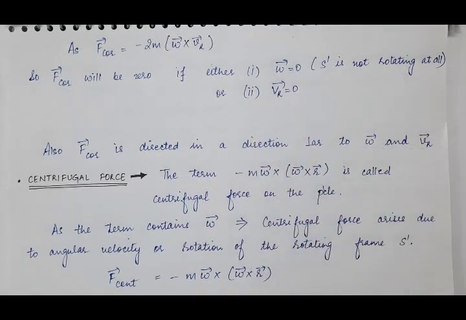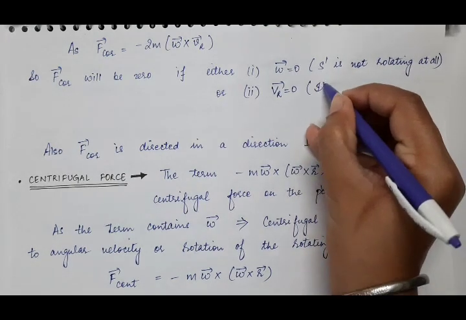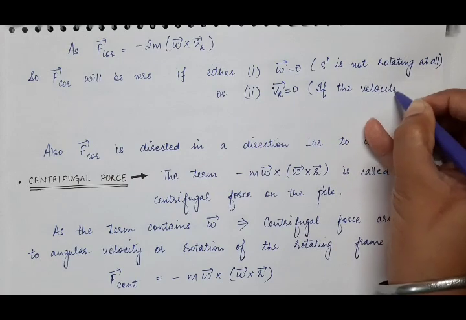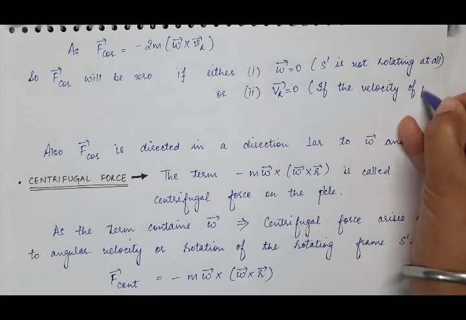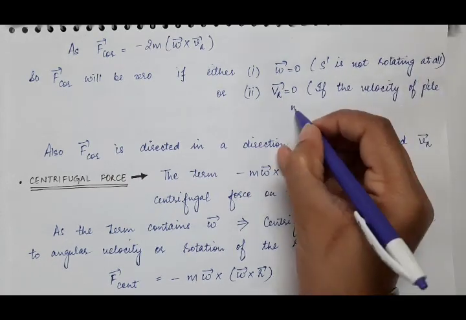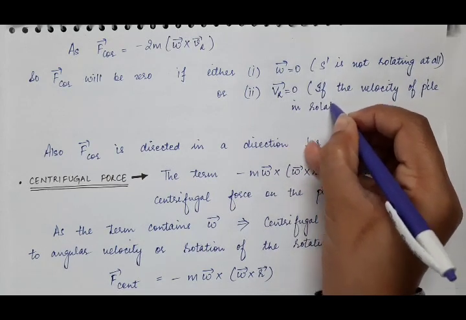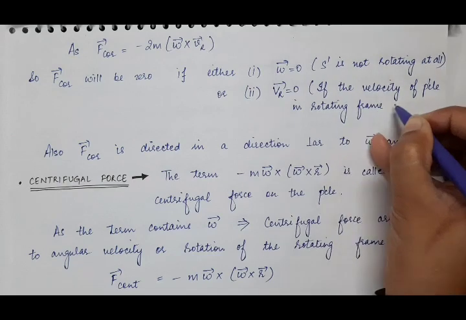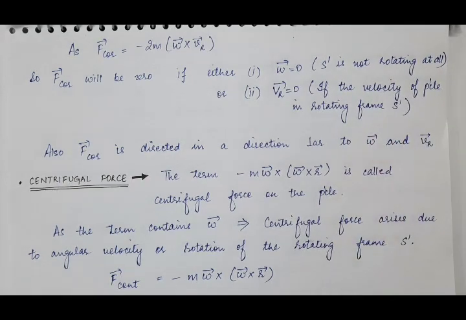And what is this VR? It is the velocity of the particle in the rotating frame S dash. So if the velocity of the particle in rotating frame S dash is 0, then Coriolis force will be 0.